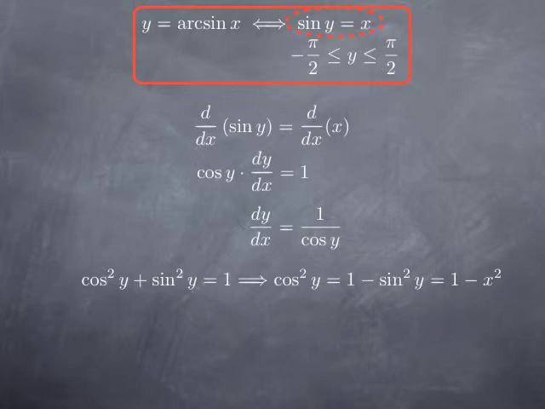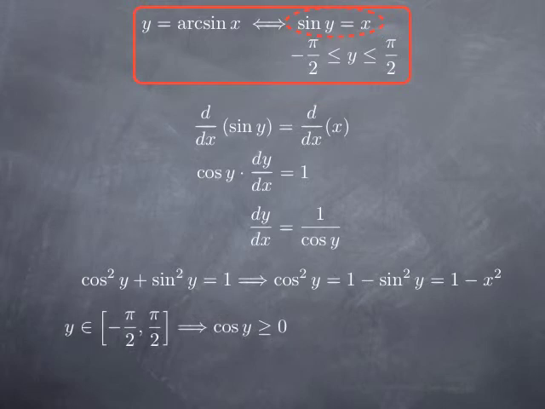Now what I want is not cosine squared y, it's just cosine y. But y here is between negative pi over 2 and pi over 2. And if I take cosine of an angle between negative pi over 2 and pi over 2, it's going to be a non-negative number. Therefore, if cosine squared y is 1 minus x squared and cosine y is positive, then cosine y has to be the square root of 1 minus x squared.